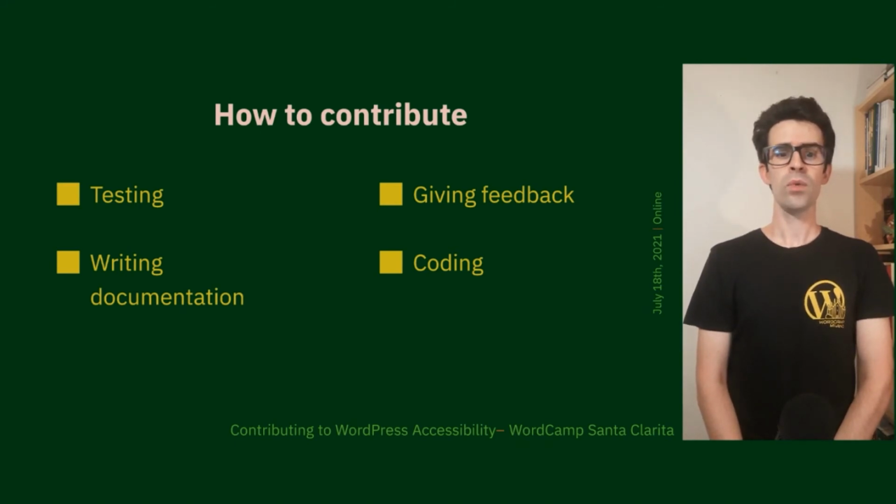But there's another way of testing which is equally useful. Trying to use WordPress using assistive technologies and see if you can get the same results that you would get without using them. This is one of the most effective ways to find new bugs, and finding bugs is the first step towards solving them.